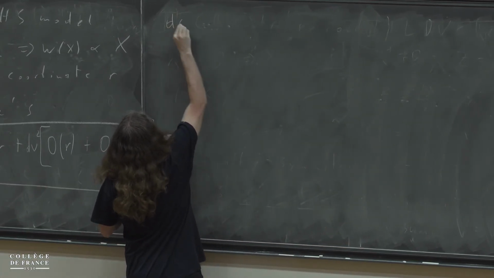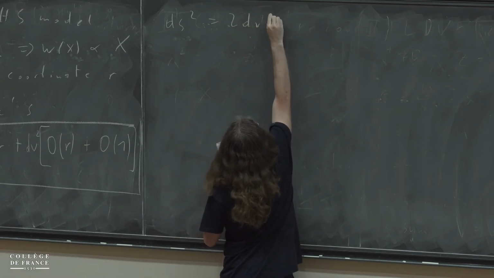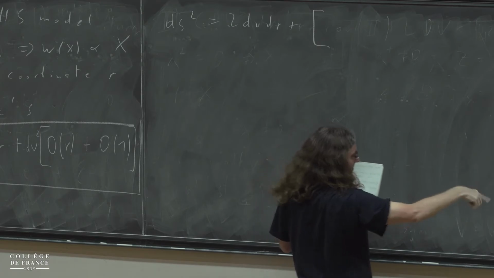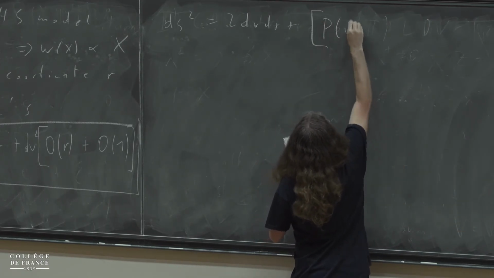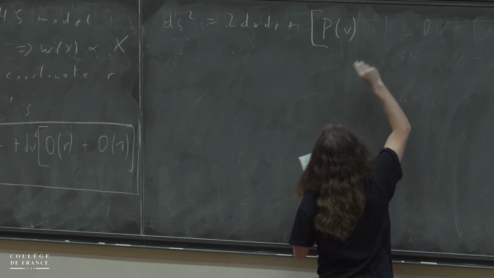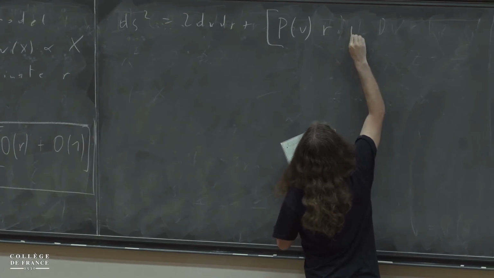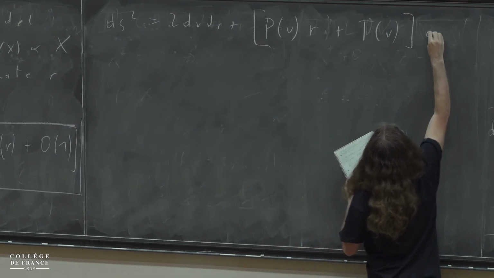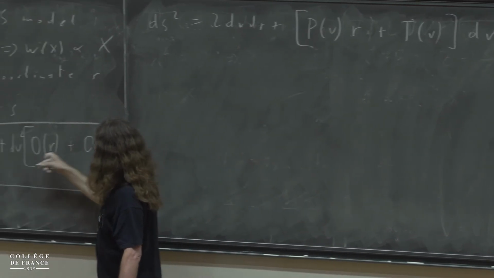So I'll parameterize these terms as follows. 2dv dr plus, and now I allow myself additional gauge redundancies by allowing a function of v, I call this p of v, times r, plus another function of v, dv squared. So this is what I operationally mean by order r and order 1.